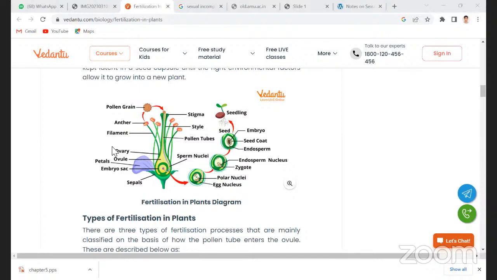What is the endosperm? Any idea? Endosperm layer, nuclear, cellular.